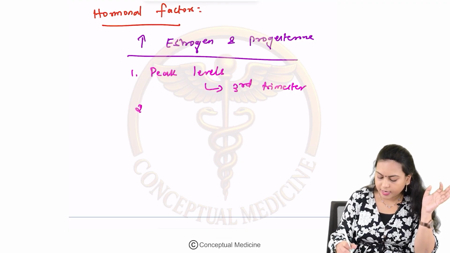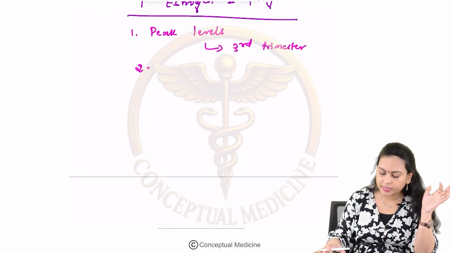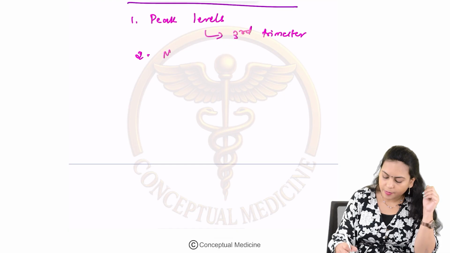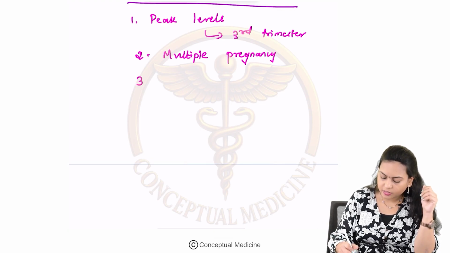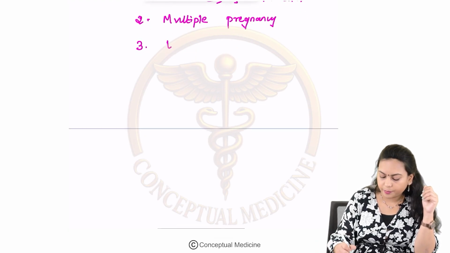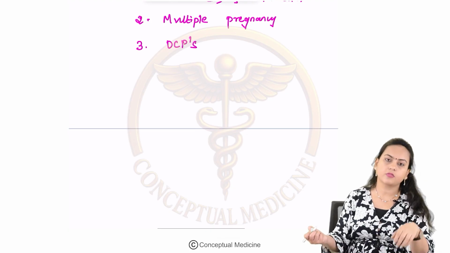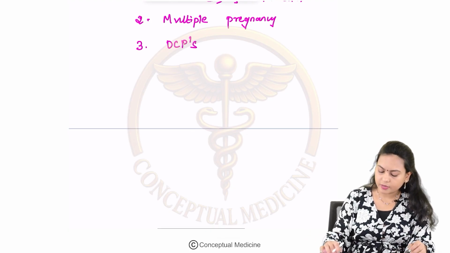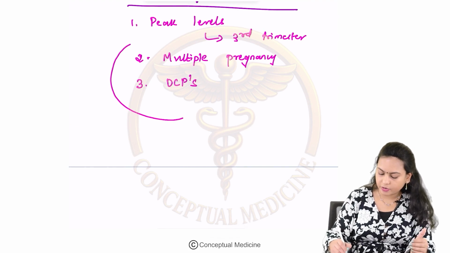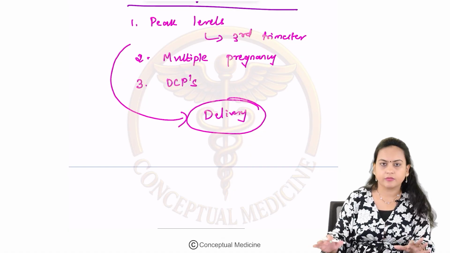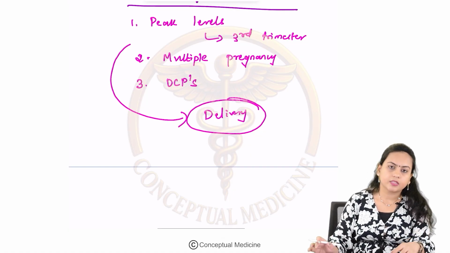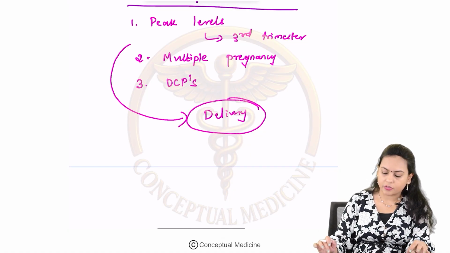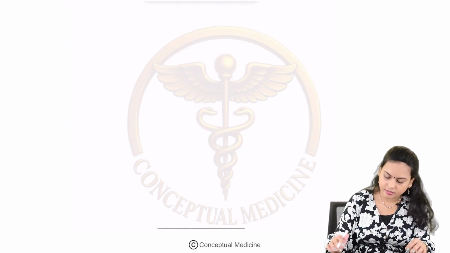The second condition with increased levels of estrogen and progesterone is multiple pregnancy. And the next condition is people who are taking oral contraceptive pills. That is why most of the time, if you are planning delivery, completing the delivery will terminate the disease progression also. Clear?